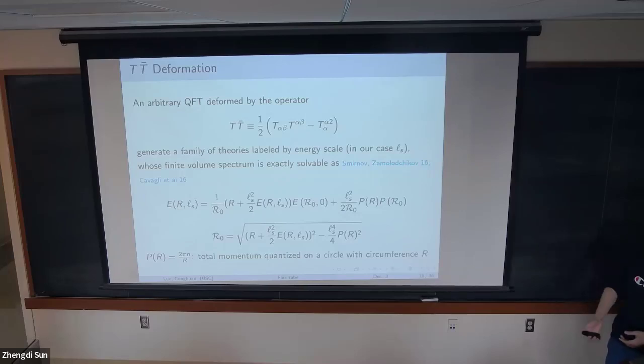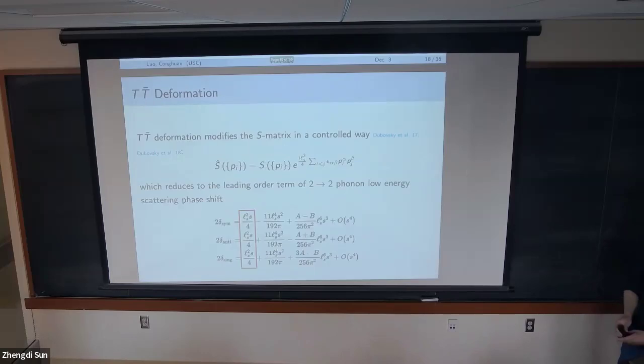In our case, it's just labeled by the string scale. The finite volume spectrum is exactly solvable in the sense that if we know the original spectrum completely, we can use these differential equations to solve all the spectra of this family of theories. Originally, this TT-bar deformation was used only for integrable models where we actually know the spectrum at one point. But the idea of the TT-bar deformation is actually very general.